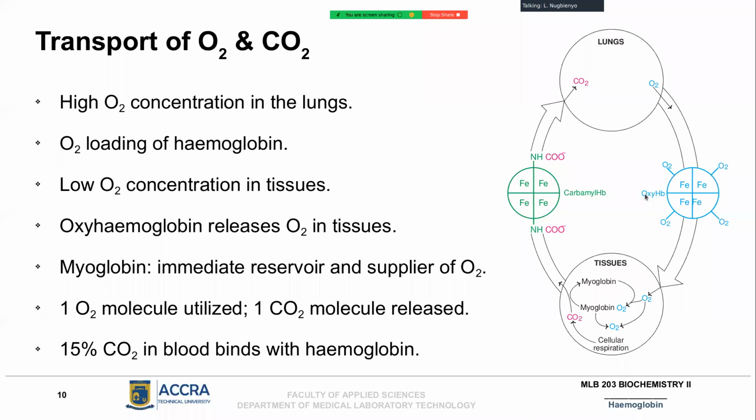You see the 4 molecules of oxygen bound on hemoglobin. Hemoglobin then carries these oxygen molecules to the tissues. And you see here that myoglobin is serving as an intermediary for the transfer of oxygen to the tissue.